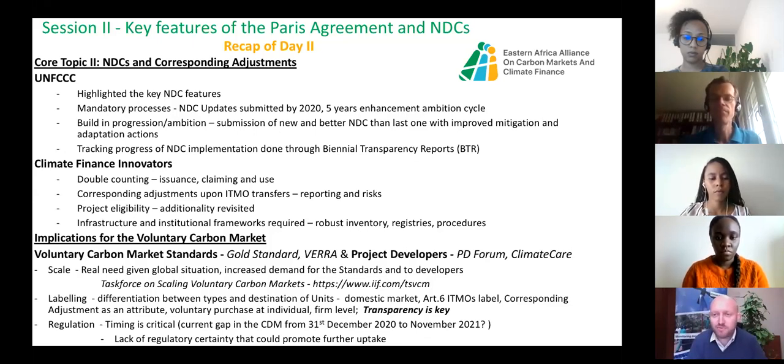So some examples: is it purely for the domestic market and therefore corresponding adjustments might not be required? Is it for an ITMO transfer and therefore some Article 6 labeling might be required? And then also there were discussions around the corresponding adjustment being an attribute and not necessarily a transfer taking place, for those voluntarily contributing to a country's NDC.